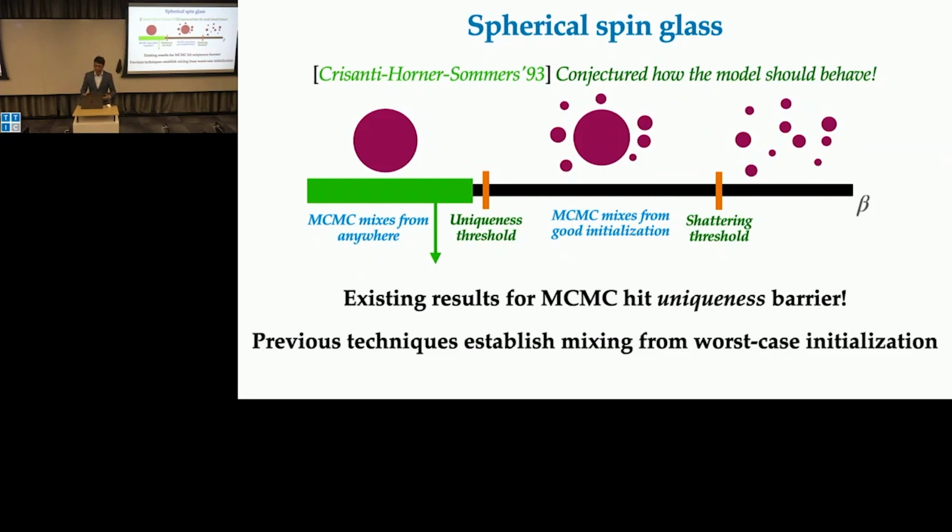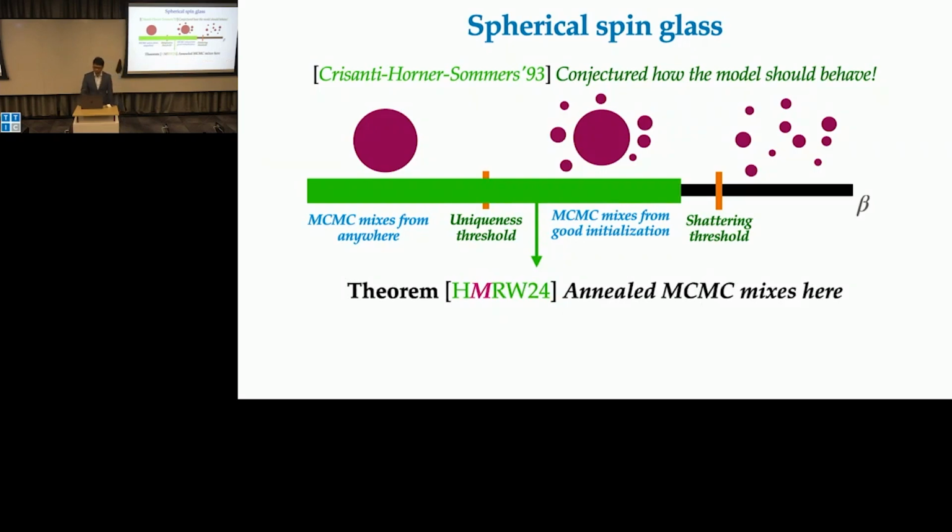I would say it's because the techniques employed either established that you mixed from worst case initialization or didn't establish anything. So this was a good test bed for something that we called a framework for analyzing mixing from good initializations. And we were able to show that, in fact, you can break past this uniqueness threshold and prove that the annealed Markov chain samples in that entire regime.